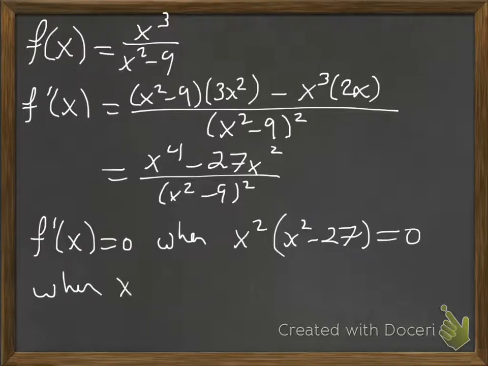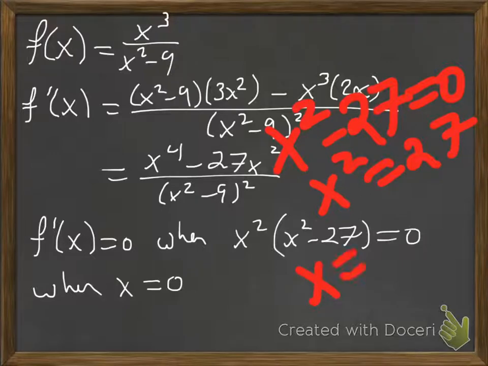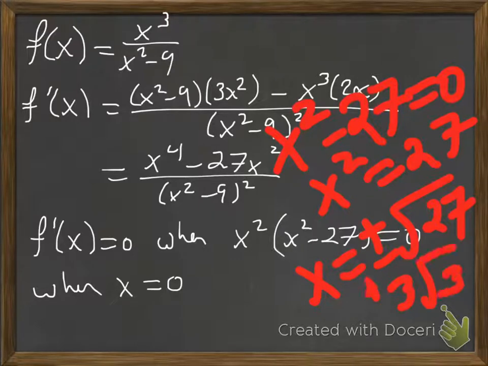When x squared is equal to 0, that's when x is 0. Then x squared minus 27 equals 0, so x squared is equal to 27, and we take the square root. So x would be equal to plus or minus square root of 27, which is 3 root 3, plus or minus 3 root 3.